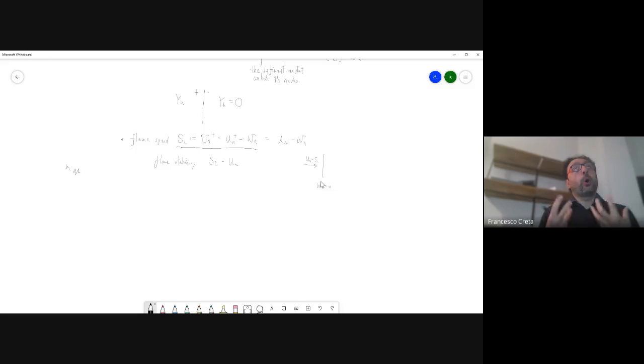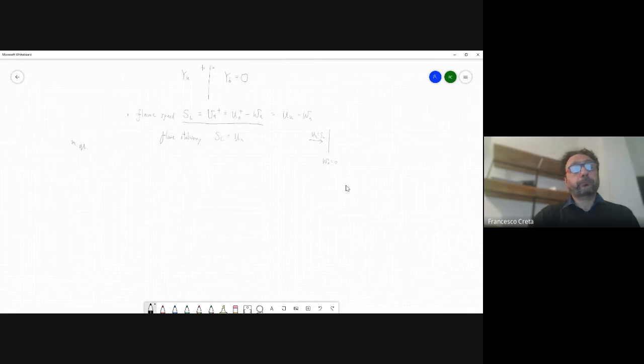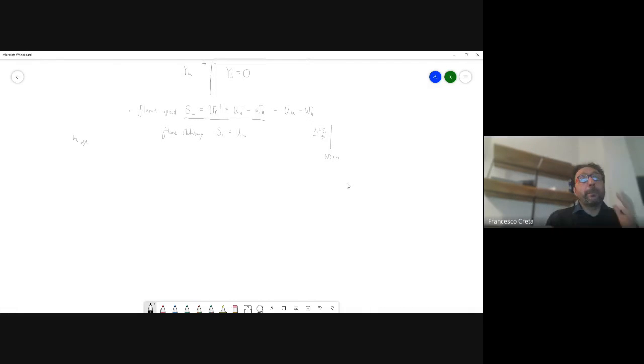It has its own propagation speed that we will see will depend on a series of phenomena, such as the diffusion of heat and species.